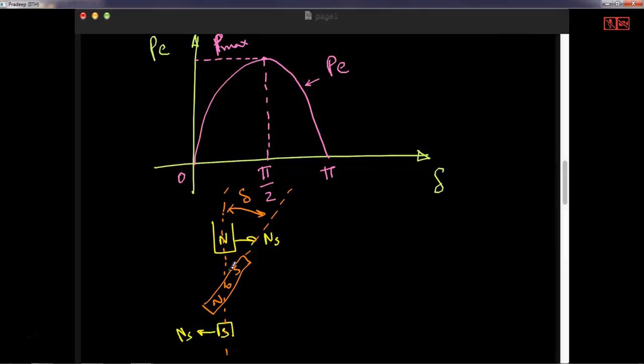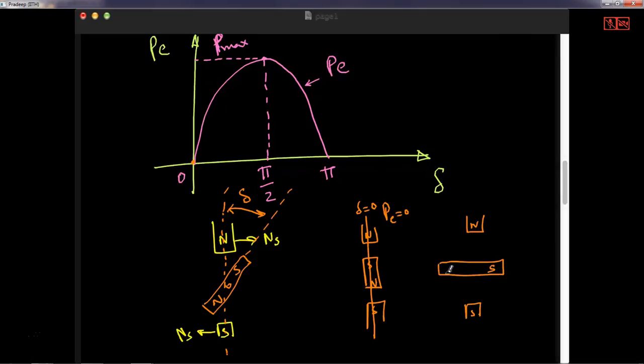When the angle is zero, the electrical power is zero. That means when completely aligned, north, south, north, and south, with everything like this, delta equal to zero, so electrical power equal to zero. The maximum power comes when it is completely 90 degrees like this, south pole and north pole.